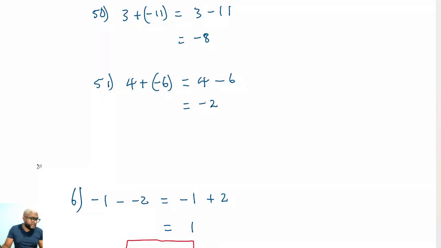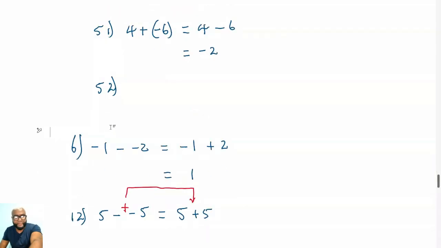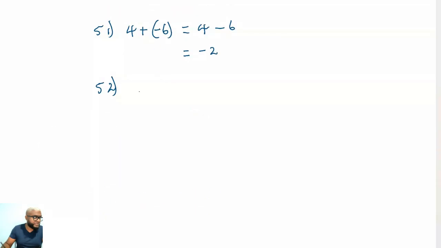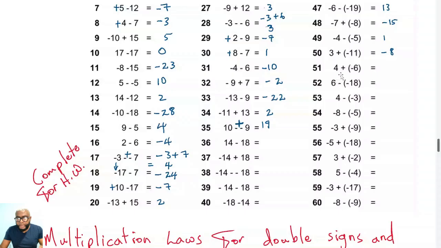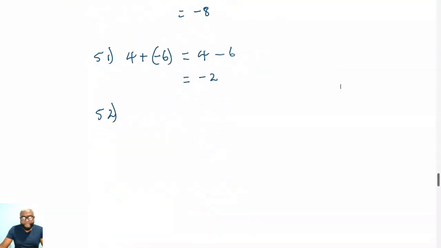Right. So let me get somebody else. Stefan, 52. Call it out. What's the question, Stefan? I will write the answers. Workings, brother. These have workings. It's 6 minus negative 18.